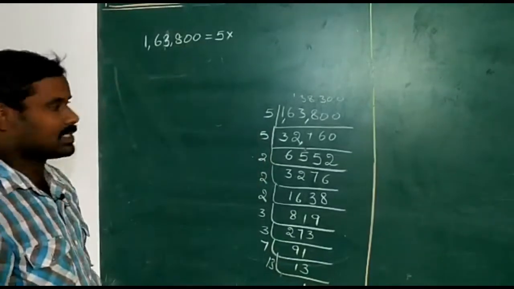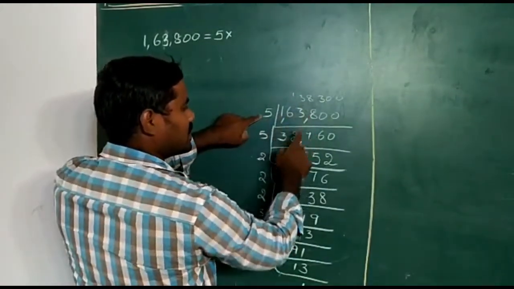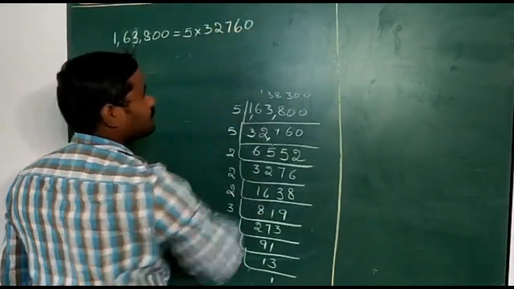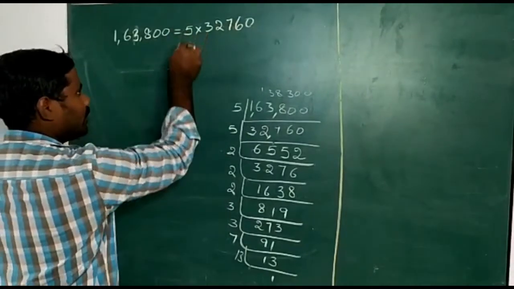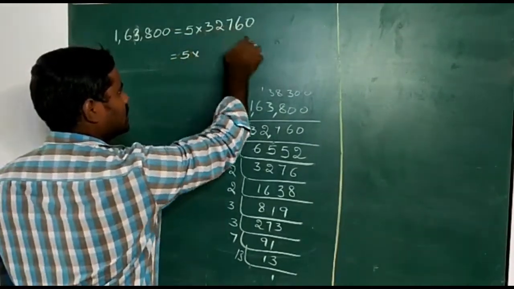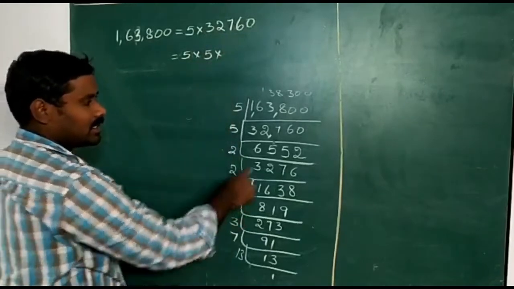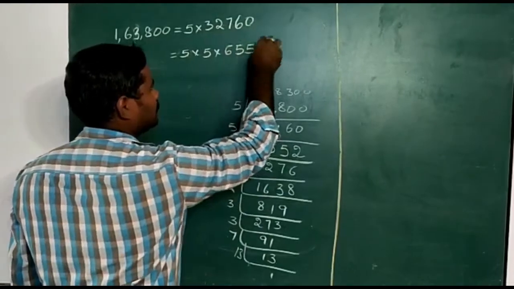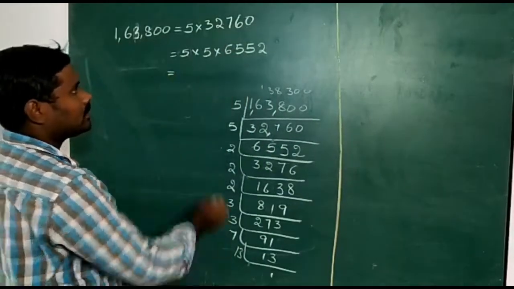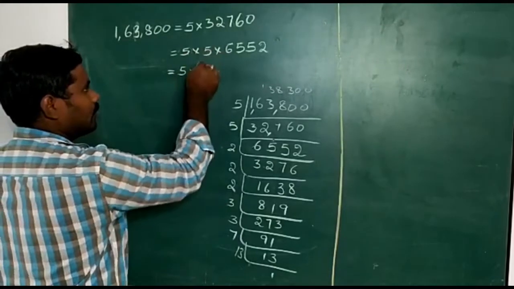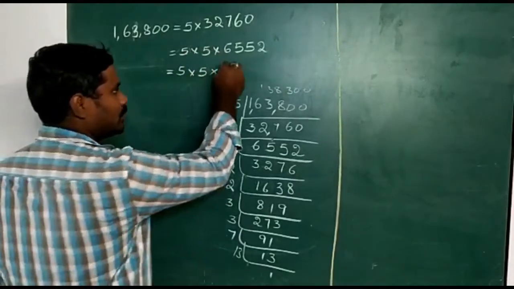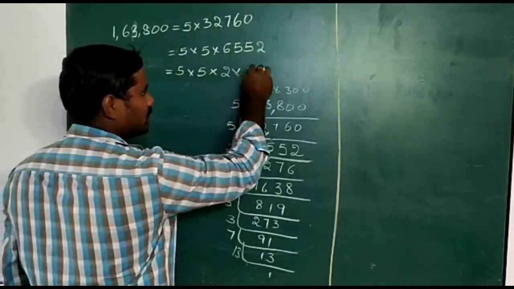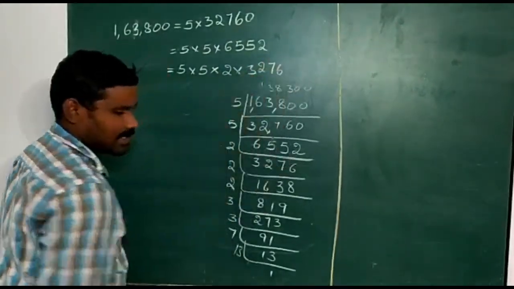Now you can write like this: 5 divides, and we get 32,760. Again 5 is common, again this is divisible by 5, giving 6,552 times. Again 5 into 5 are common, and then the 2 table divides 6,552 giving 3,276 times.